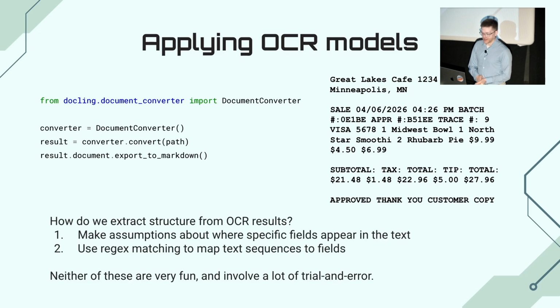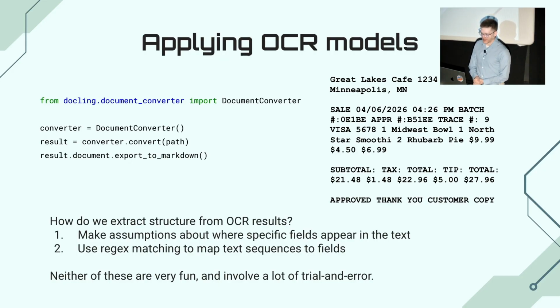No matter what you do, it's going to be very fragile because you have to make assumptions about how the fields are actually appearing. In this example, all of the prices are on the same line, which is kind of annoying because you usually process text files line by line and not column by column.